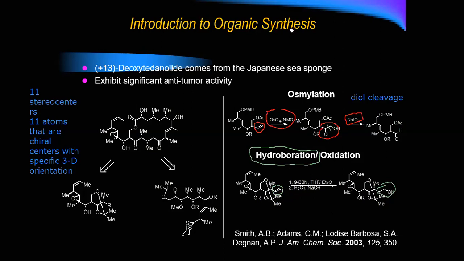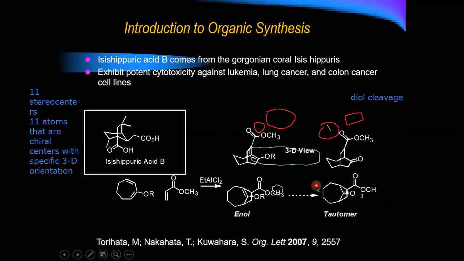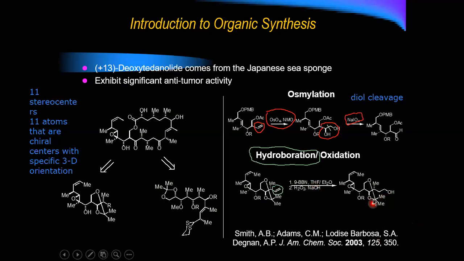That's why you see the OH here on the least substituted carbon, right? Are y'all following? Right there, and not on this carbon because I used hydroboration. Any questions about that?